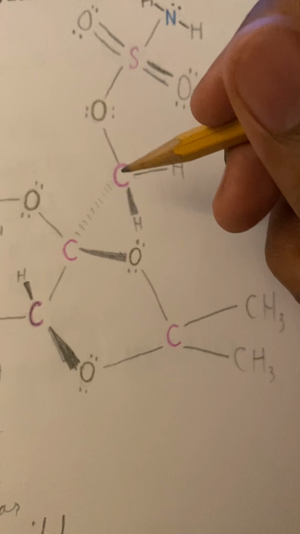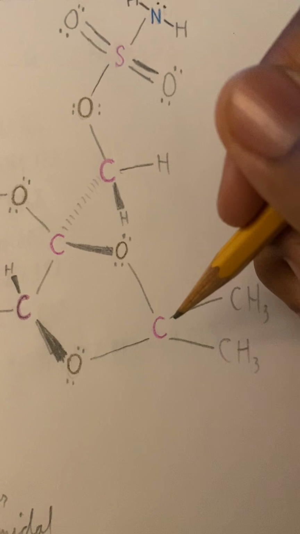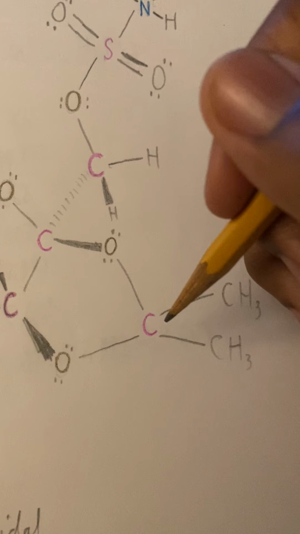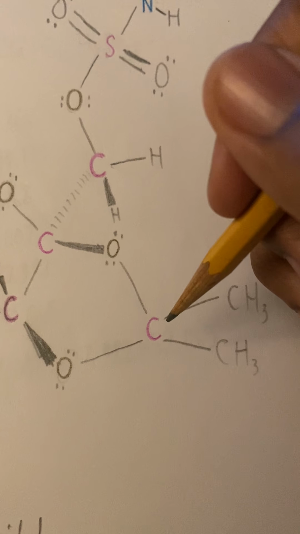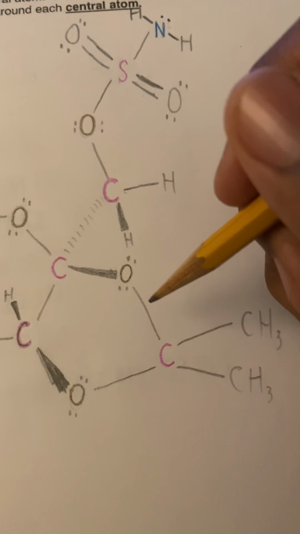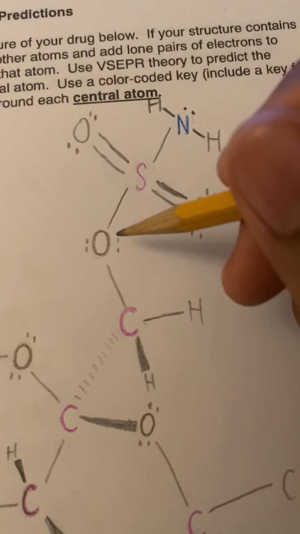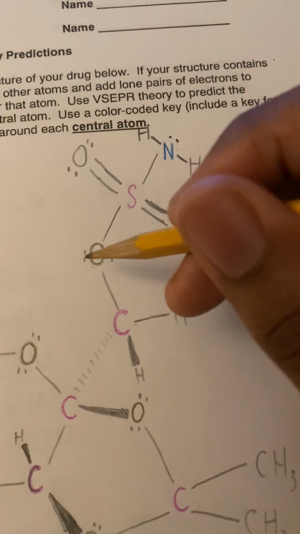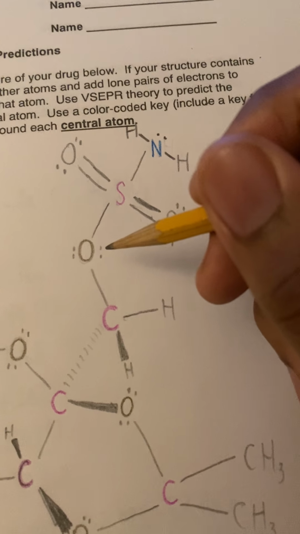These 2 carbons over here are also surrounded by 4 single bonds, so their geometry is tetrahedral. This oxygen molecule is also surrounded by 2 single bonds and 2 lone pairs. The geometry here is bent.